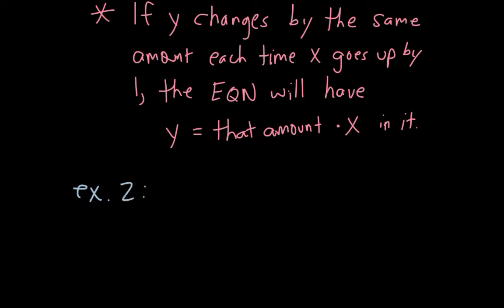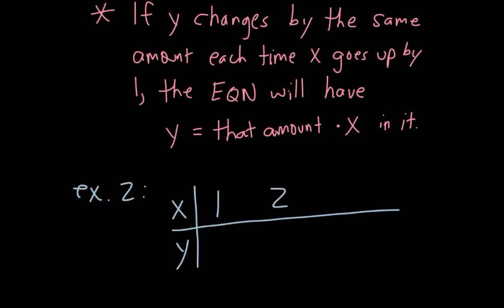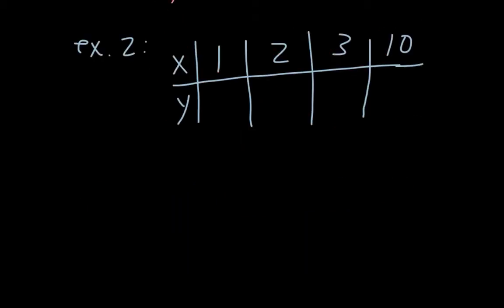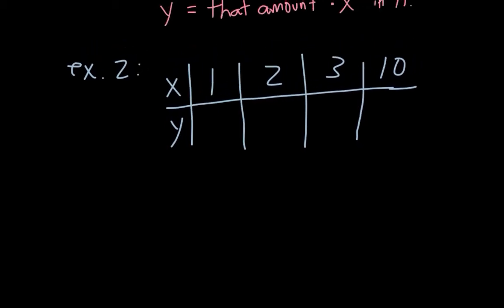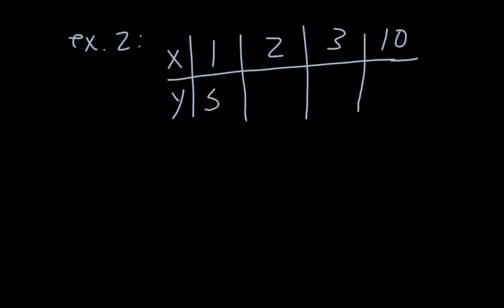So my second example in this section, I'm going to have an xy chart again. My top row for x's are going to be 1, 2, 3, 10. My y values will be 5, 6, 7, and 14.